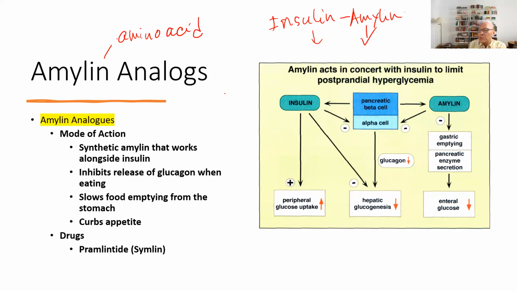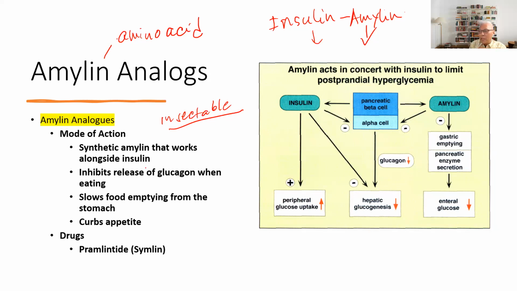Now, these drugs are actually injectable drugs. So you remember the other kinds of injectable drugs that we had? Well, this is an injectable drug. They usually are going to be administered before meals. And of course, amylin is going to reduce the weight of the patient as well as slow down the emptying of food from the stomach.